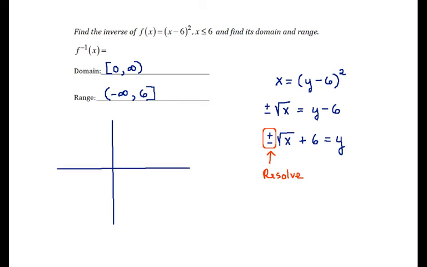This plus 6 here is a shift up 6. And the plus or minus means I have two graphs, one of which is reflected about the x-axis, the other of which is not. But the square root graph is the one that looks like a parabola on its side. So recall that y equals the square root of x looks something like this.